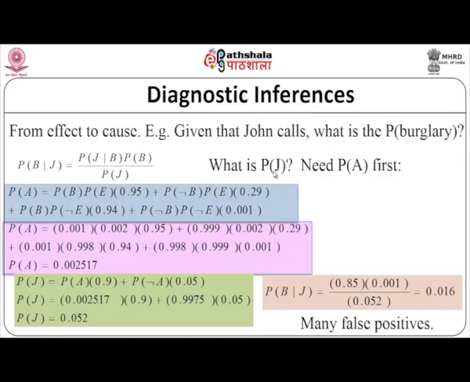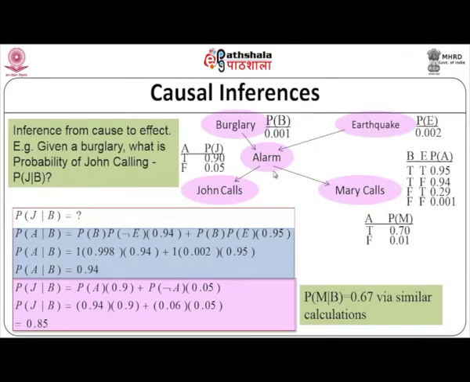So, what is Pj? We have not been given that value. For that we need to know Pa first. Pa is the probability of alarm, which is probability of burglary into probability of earthquake into 0.95, plus probability of not burglary and so on. You have 4 terms, all of which you have to consider, because the probability of alarm is determined by both burglary and earthquake.